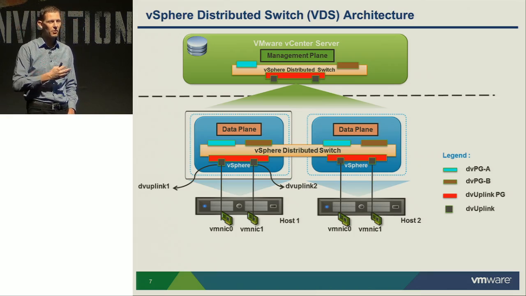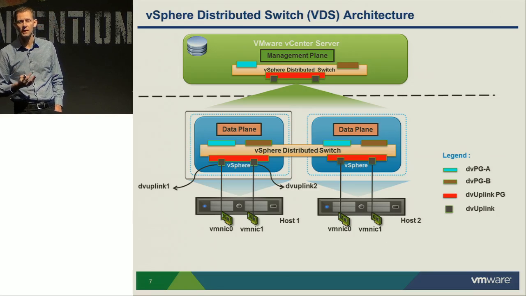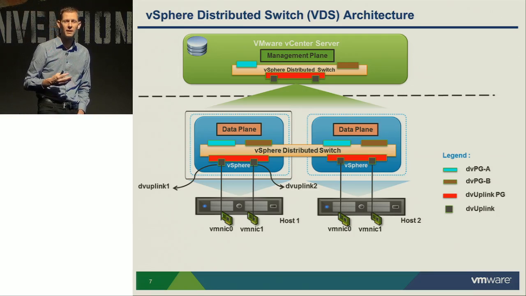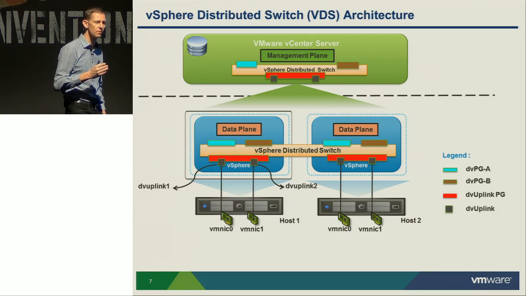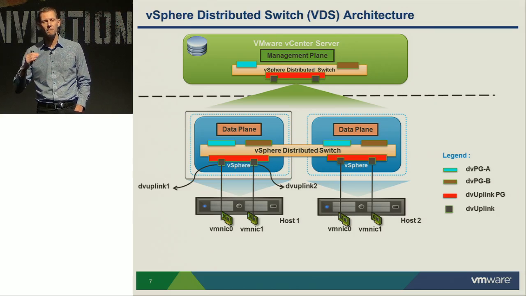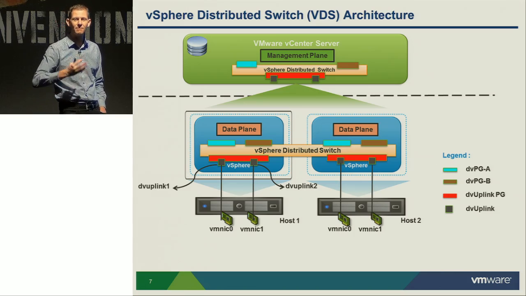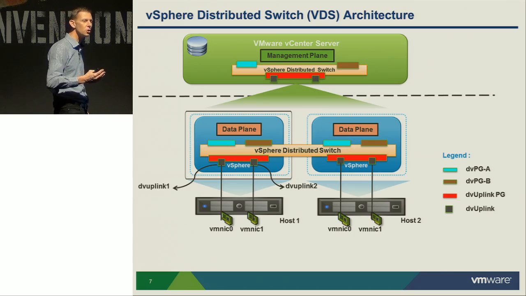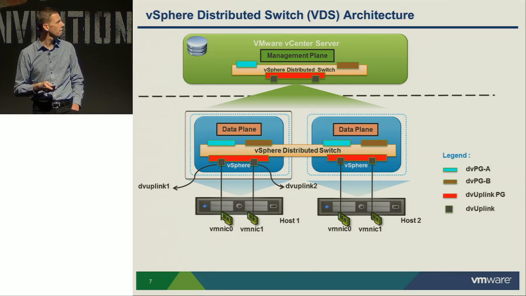The fact that you've only configured 2 and only used 2 inside a DV uplink port group is just the way it works, okay? So we have to make sure that any uplinks that are not in use are configured as unused. So don't create an uplink and not plug it in, but then give it to the distributed switch. If you've got an uplink, you must use it if you've configured the switch.